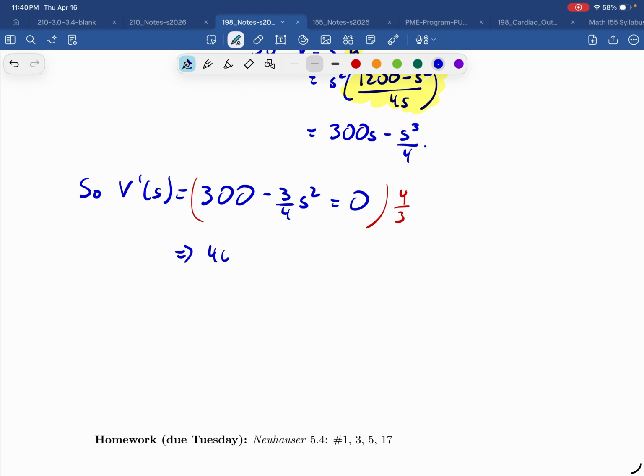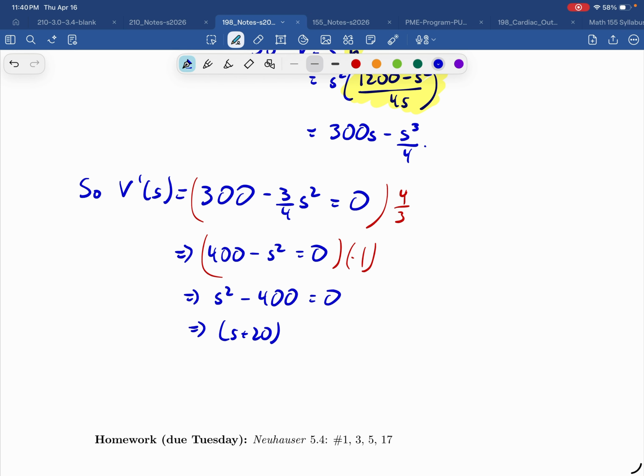And we have 400 minus S squared equals 0. If you can see the factorization, that's great. If not, then multiply both sides by -1. And you get S squared minus 400 equals 0. And that implies S plus 20 times S minus 20 equals 0. And that implies that S equals minus 20 and 20.